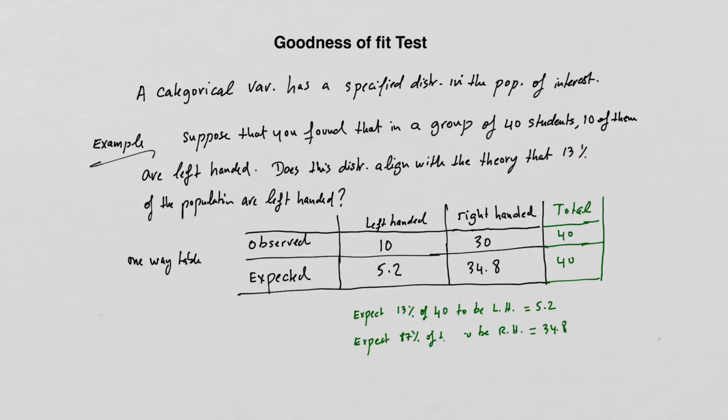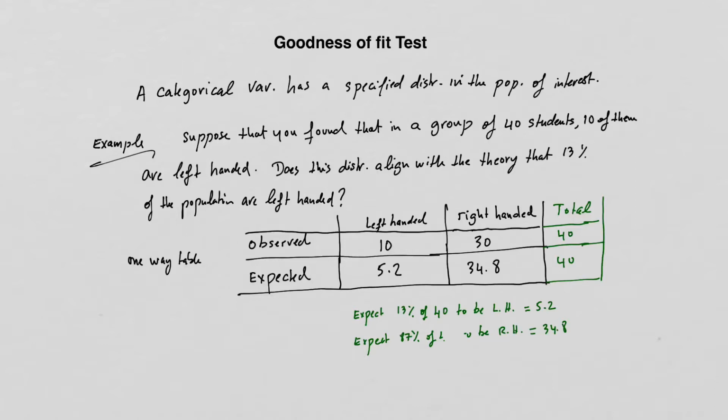So the theory out there is that 13% of the population are left-handed, and therefore 87% are not. You took a group of 40 students, and 10 of them said that they are left-handed, which means 30 of them are right-handed.